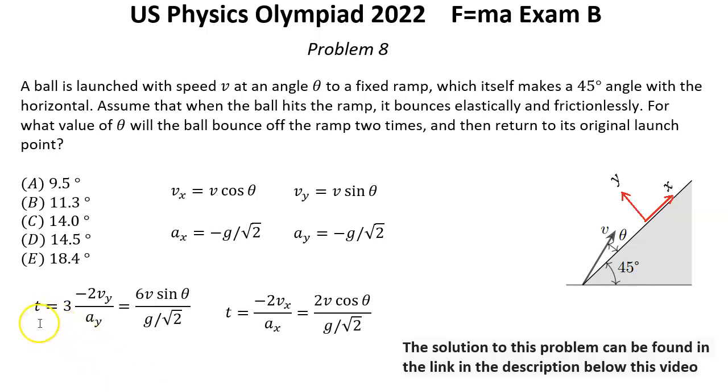Now we have to equalize these 2 times, from which we can find that tangent theta equals 1/3. It means that theta approximately equals 18.4 degrees, which is answer E, and that was the solution for problem number 8.